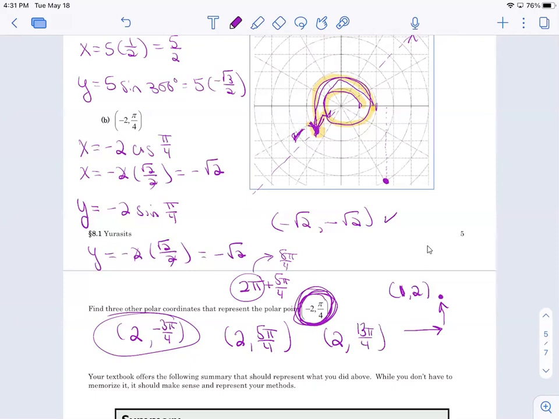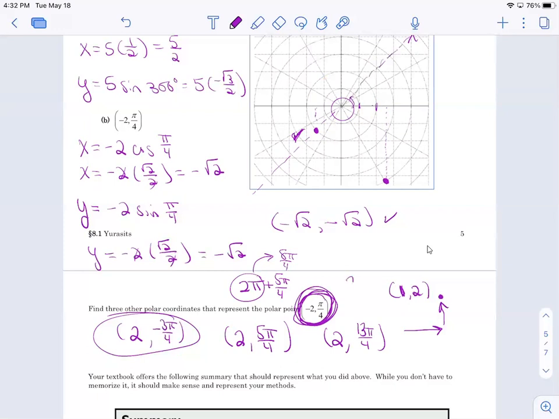Now, some of us might say, but I want to keep my r negative. You have that option too. So this is where we were located. Well, I could go around the circle 1 time and then go to that additional π/4, so then you're right here.